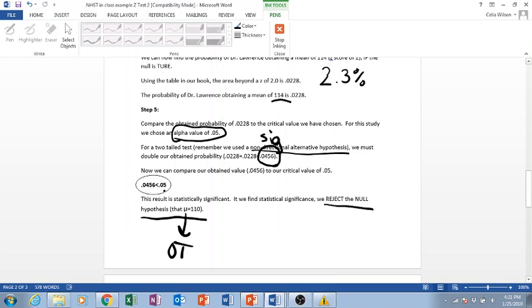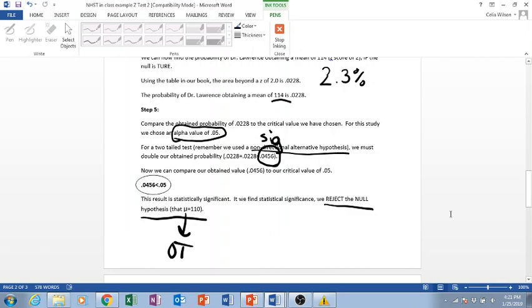It's smaller than our critical value. Therefore, we're going to conclude that the null is probably not true, and we're going to reject that null and say that occupational therapy students don't have a mean of 110, or they don't score the same as just your general population of first grade students.